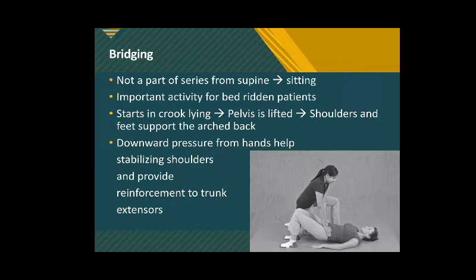If the person is not able to perform even assisted lifting of the pelvis, the therapist has to almost passively lift the pelvis while the patient arches the back, lifts the back, which is supported on the feet and the shoulders. Downward pressure from the hands can assist to stabilize the shoulder, as well as provide reinforcement to the extensor muscles of the trunk.